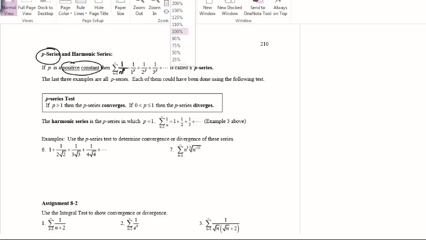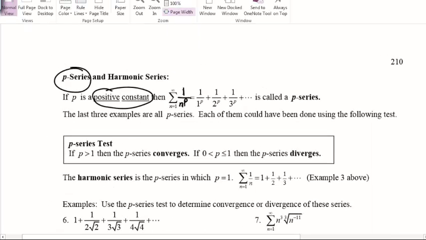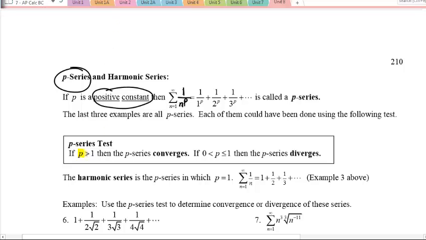So by the P-series test, if the p value is bigger than 1, this is example number 5, then the P-series will always converge. And if the p value is between 0 and less than or equal to 1, careful of that equal to, then this series diverges.